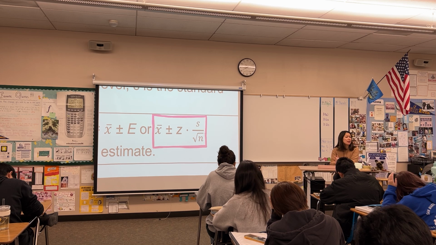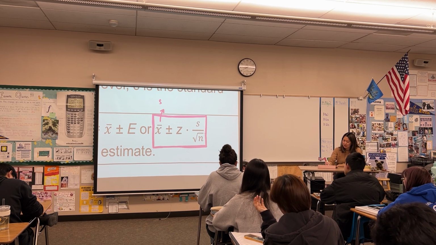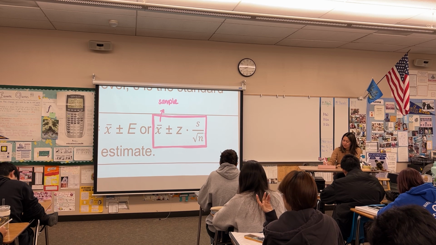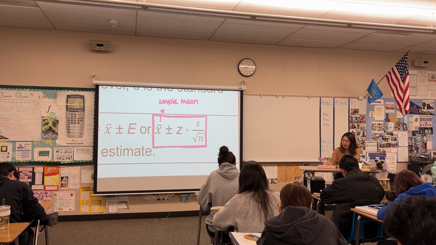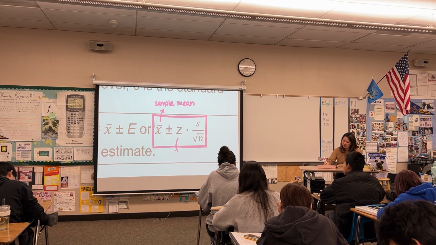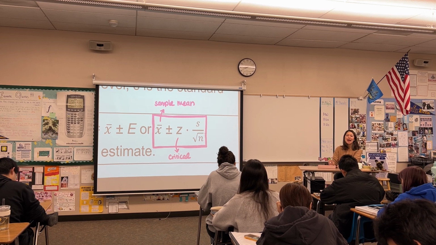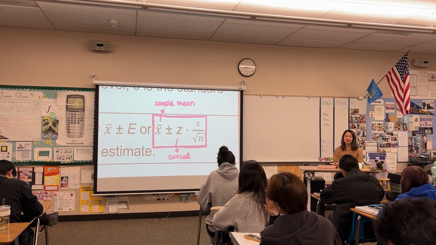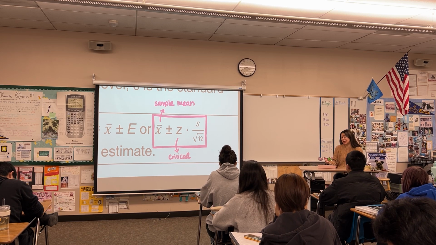Let me go ahead and label some of these variables for you. This one right here is your sample mean. The Z is called your critical value, and that is determined by how much confidence you want to have in your interval. That 95%, or maybe you want it to be 99%, all right?